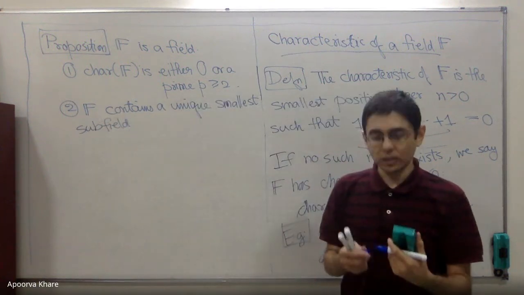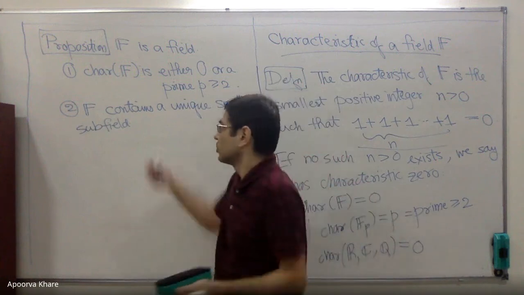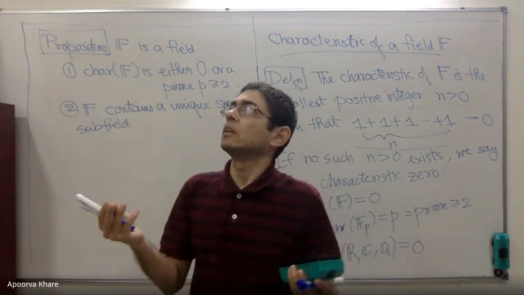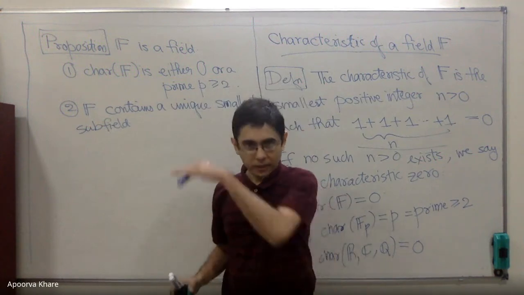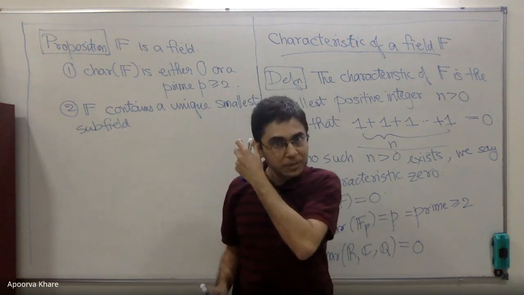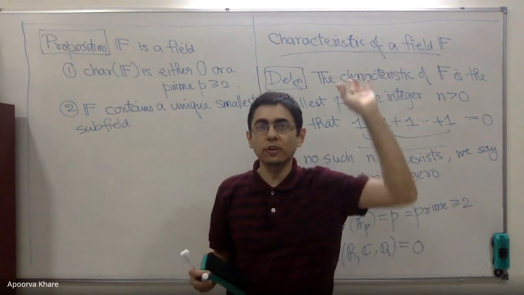What does a unique smallest subfield mean? You have a field. The complex numbers is a field. It contains the real numbers, the real line, as a subfield. It's a subset which is a field under the same operations. You can't just choose different operations.